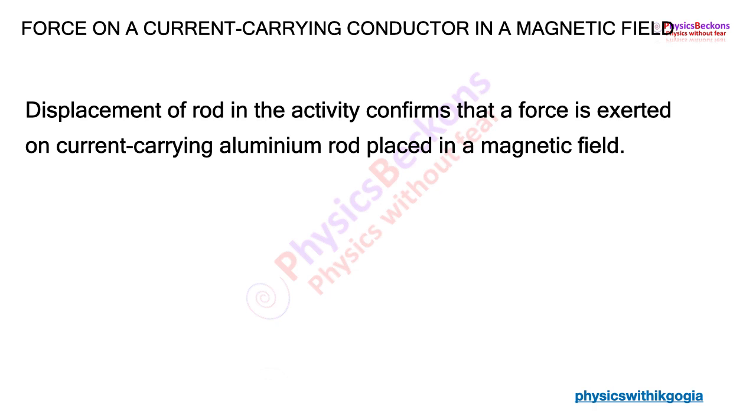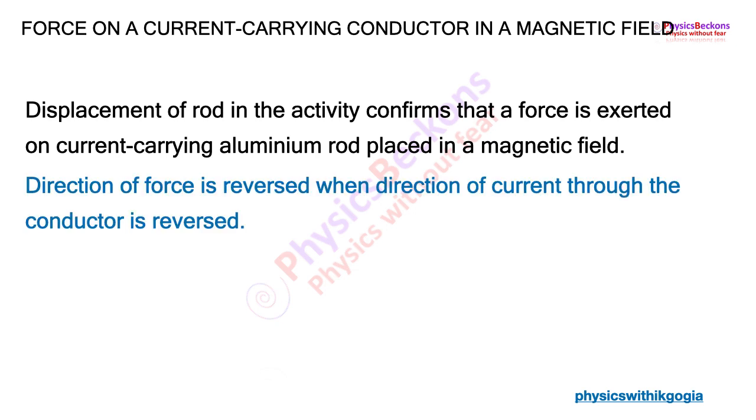So what is the conclusion from the above activity? Number 1, the displacement of rod in the activity confirms that a force is exerted on current carrying aluminium rod placed in magnetic field. The direction of force is reversed when direction of current through the conductor is reversed.